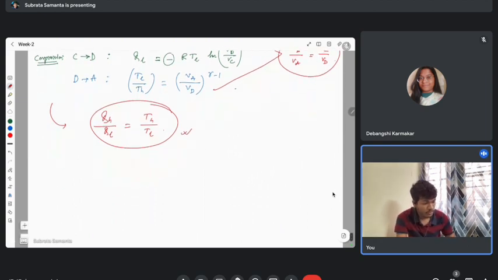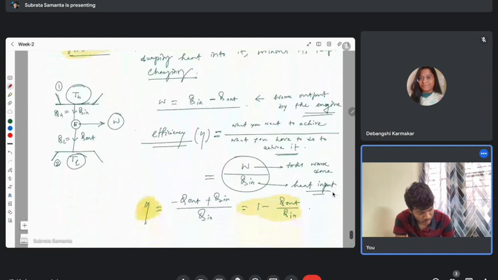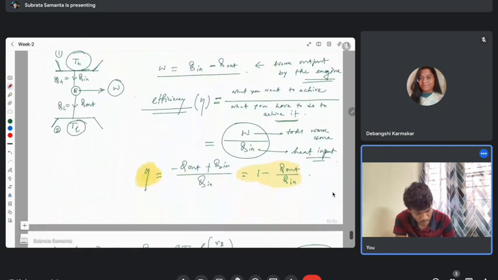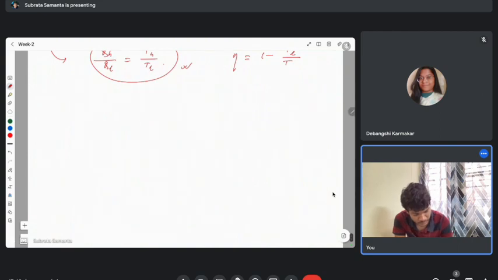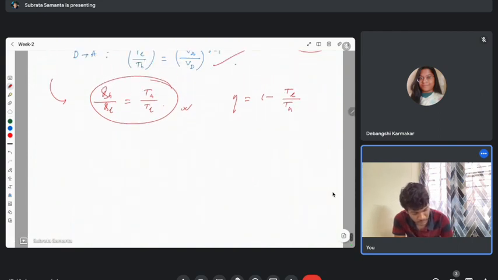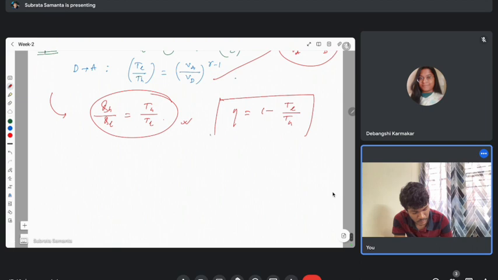Now if we put this into the efficiency formula, eta is 1 minus Q_out by Q_in, that is 1 minus Q_L by Q_H, so 1 minus T_L by T_H.